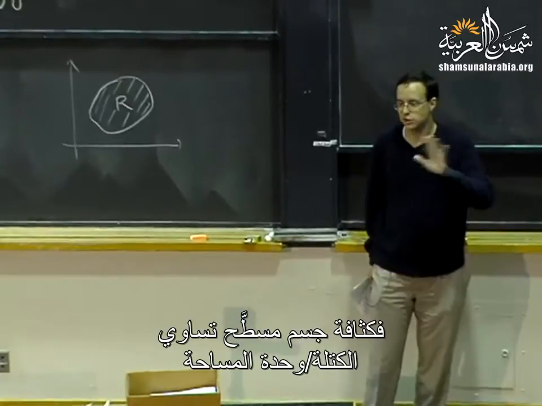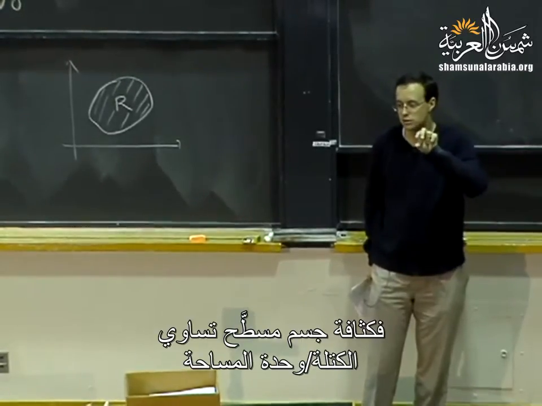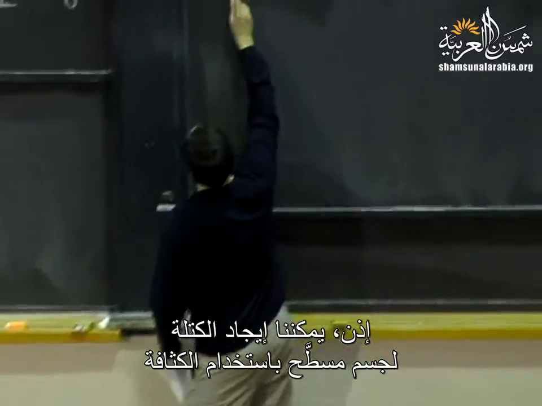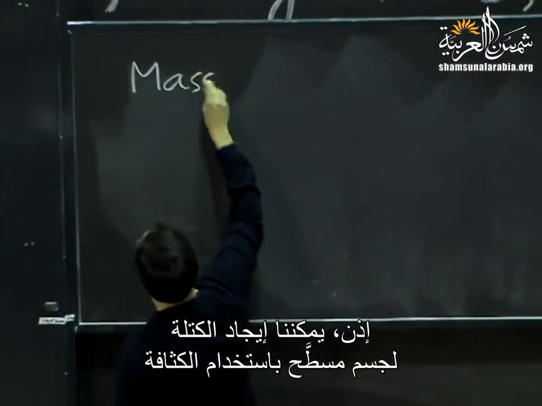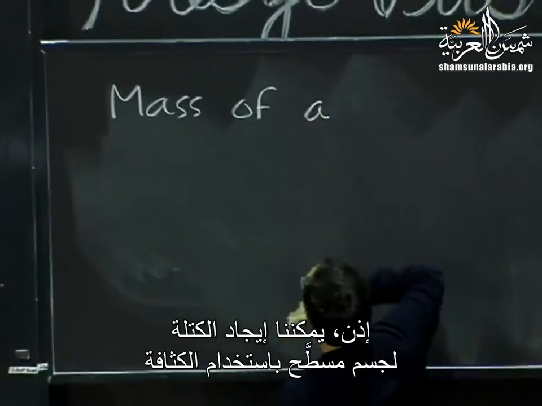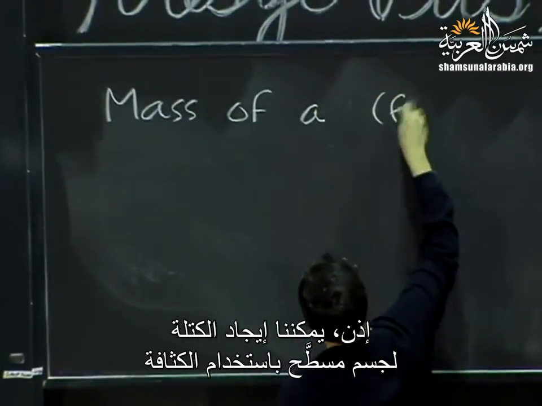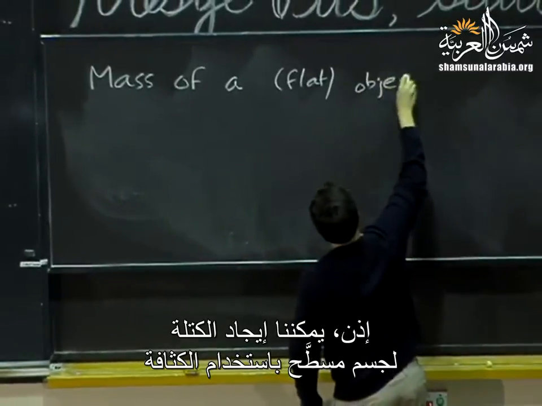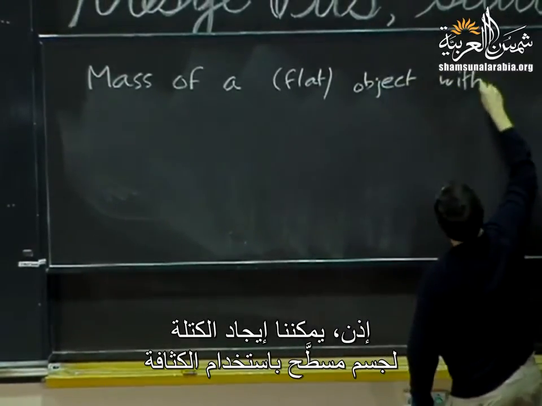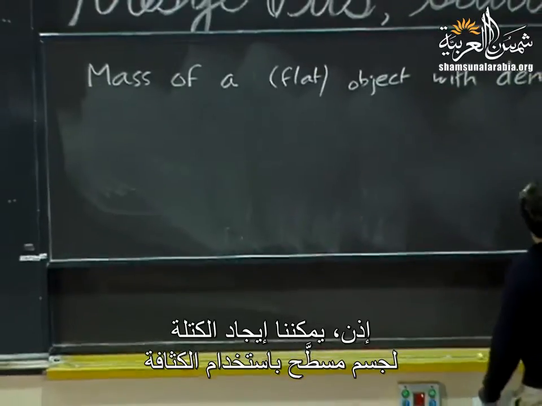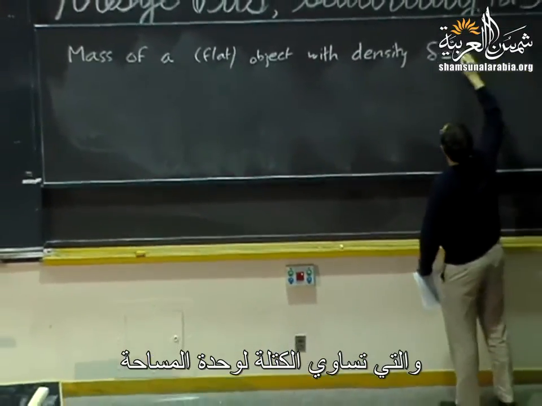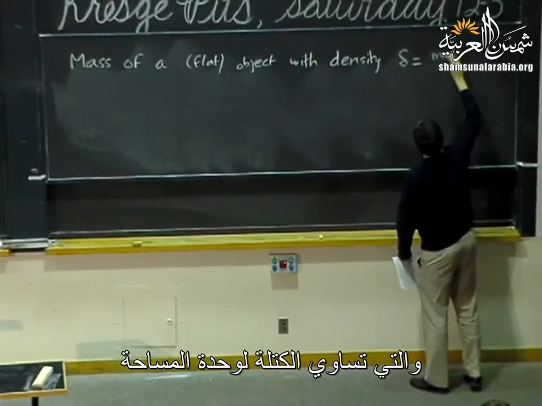The density for a flat object would be the mass per unit area. So you can get the mass of a flat object with density. Let's use delta for density, which is the mass per unit area.